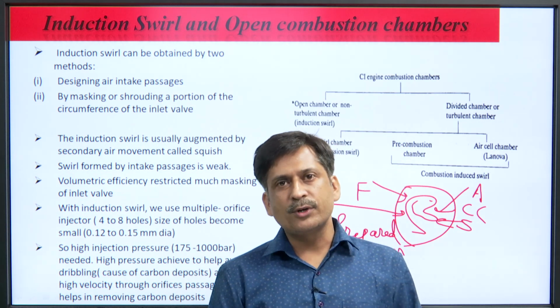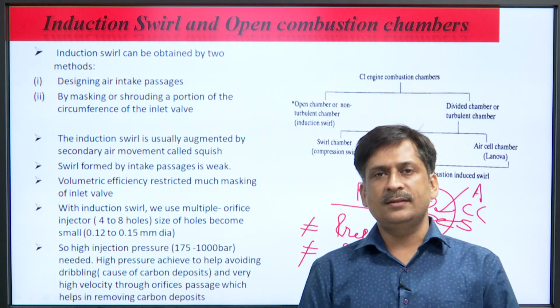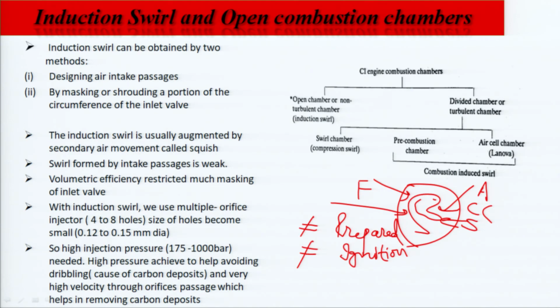So, it is very important to design the CI engine combustion chamber, because we have limited time depending upon the speed of the engine, whether it is a high speed or low speed engine. According to that there is limited time to burn the charge successfully to achieve the targets of the engine.